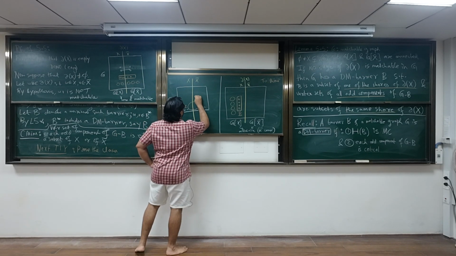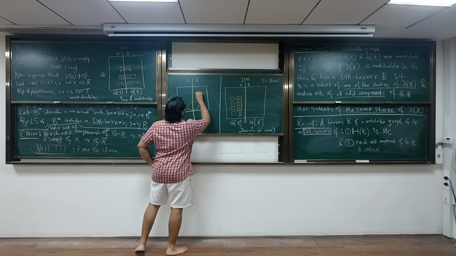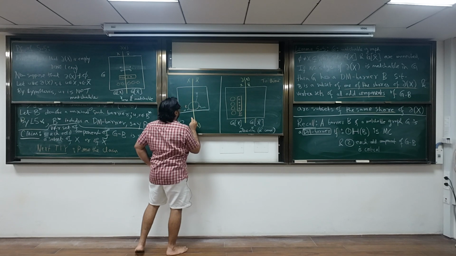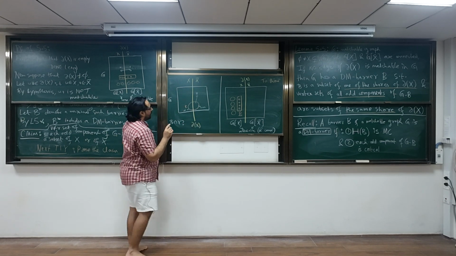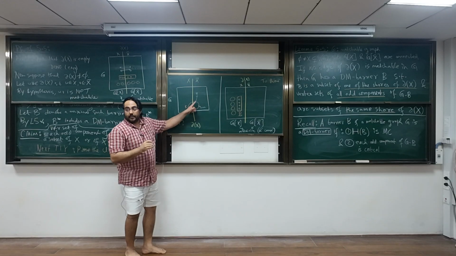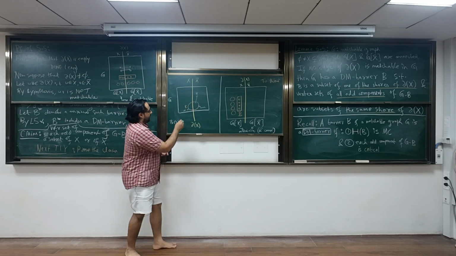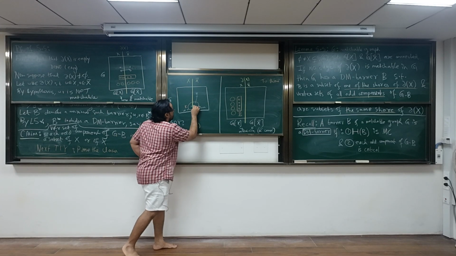I'm confused. So why can't this vertex of B be here and I match like this? Then the problem is, now I have an odd number of vertices here, an odd number of vertices here. So therefore I will have to use some edge like this.